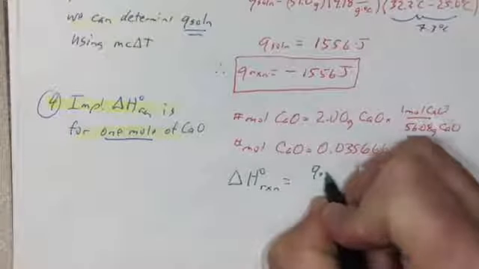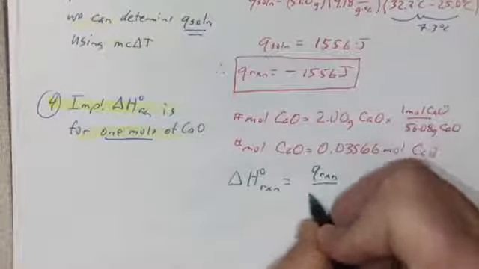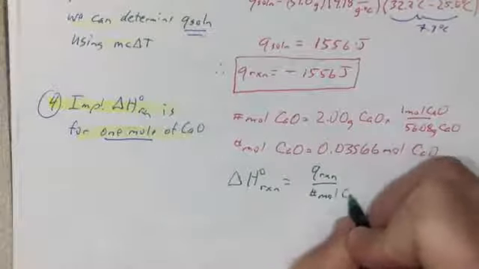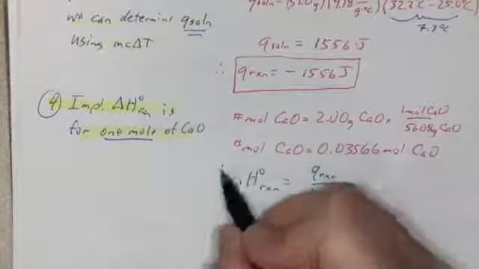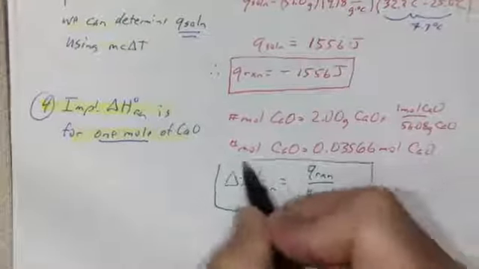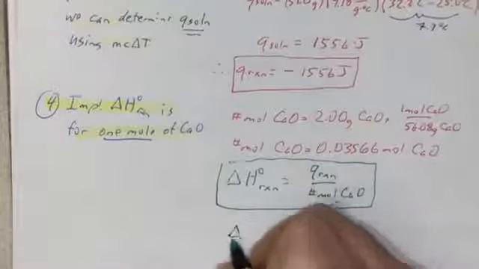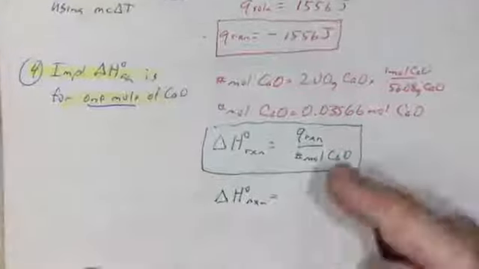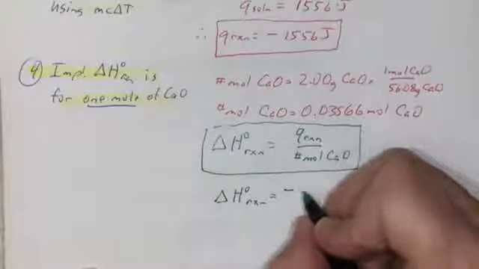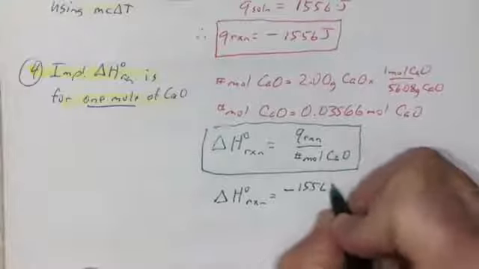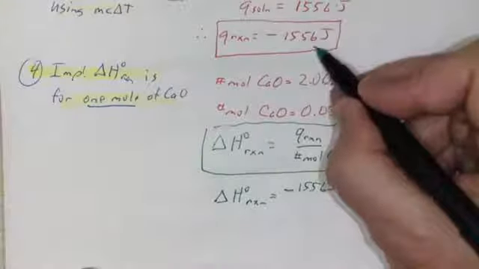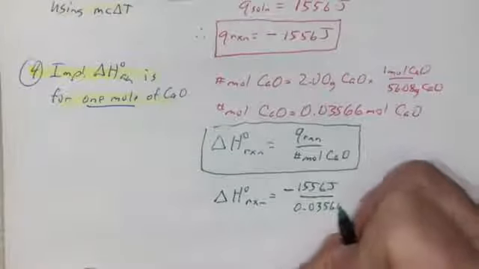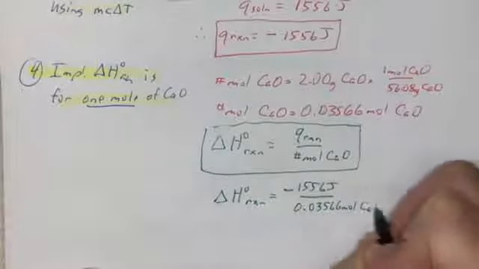And so, to answer this question, the delta H for this reaction is going to be equal to the Q of the reaction divided by the number of moles of calcium oxide. So the delta H of this reaction calculates out to be negative 1,556 joules, which we get from the step up here, divided by the number of moles of calcium oxide, 0.03566 moles of calcium oxide.